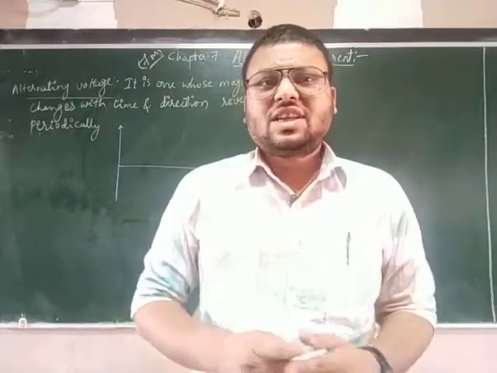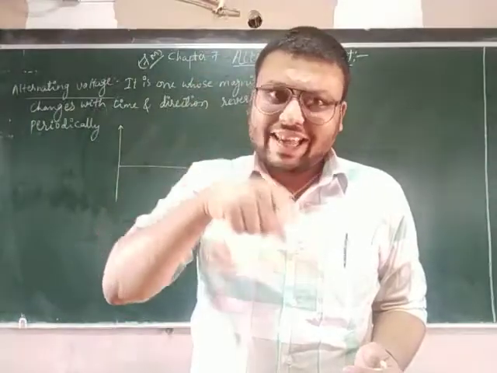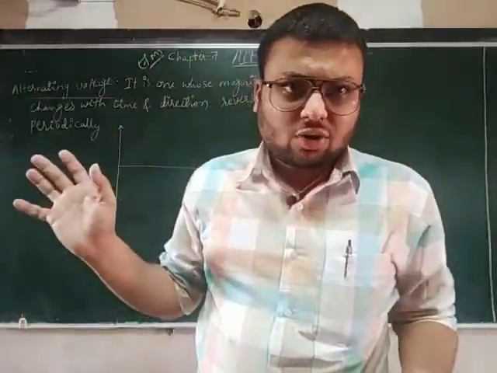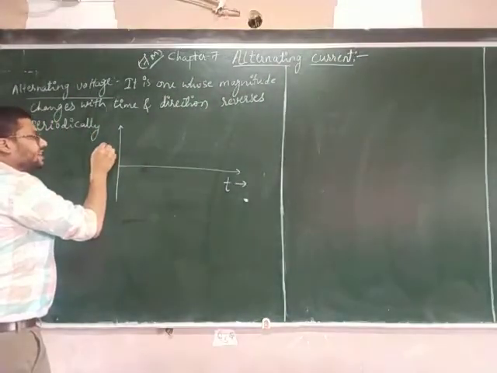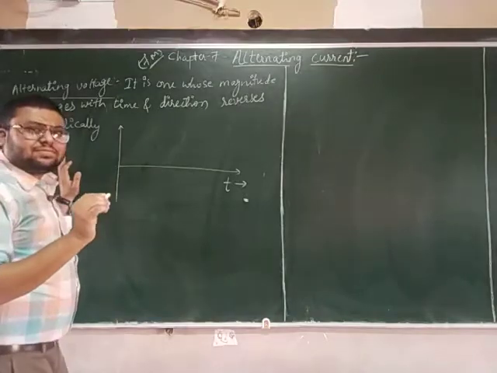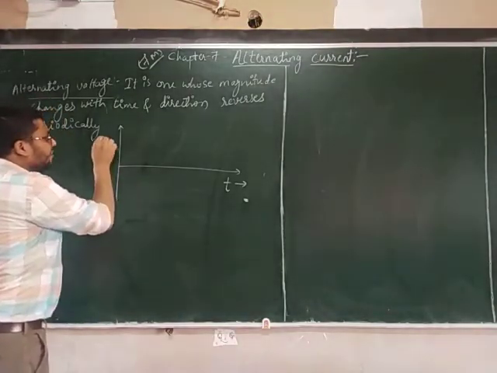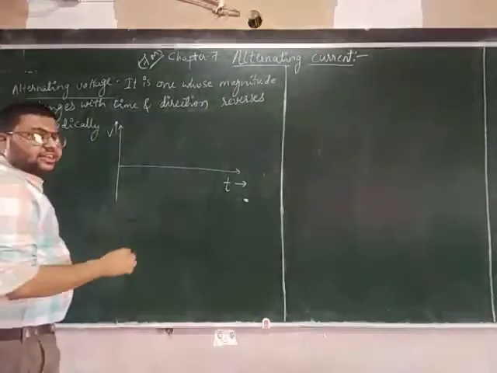The only difference is when we are not drawing current out of the circuit, that is called EMF. If you draw current out of the circuit, that is called voltage. So I will consider V here, V in the vertical direction.